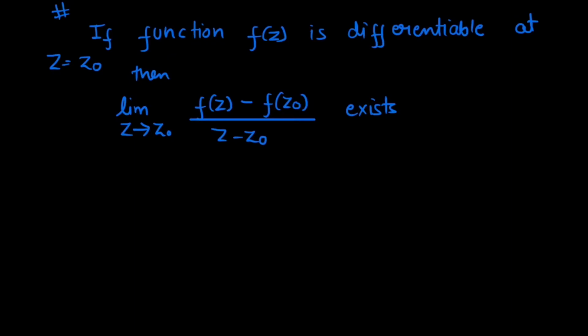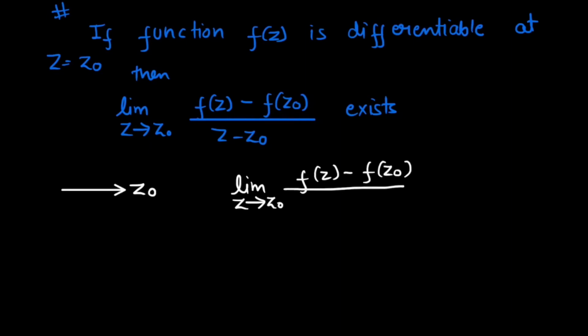Okay. Now what I am going to do here, I will derive this limit in two different manners. First I will approach z naught horizontally and then find the limit. Okay. So along this direction, the limit as z tends towards z naught of f of z minus f of z naught over z minus z naught, suppose this equals limit L1.